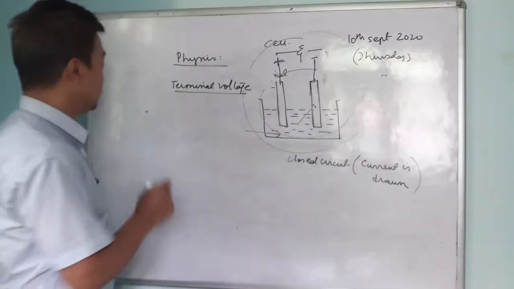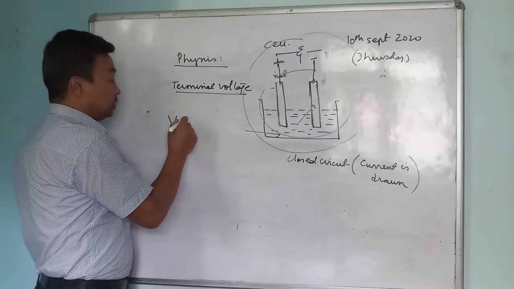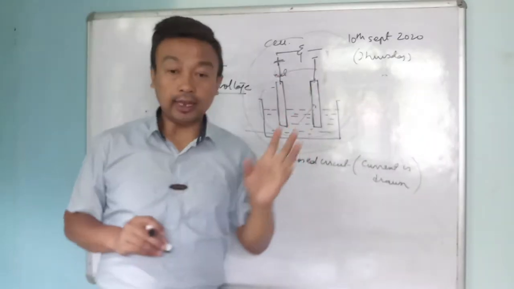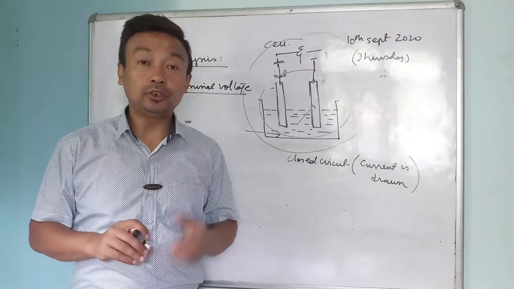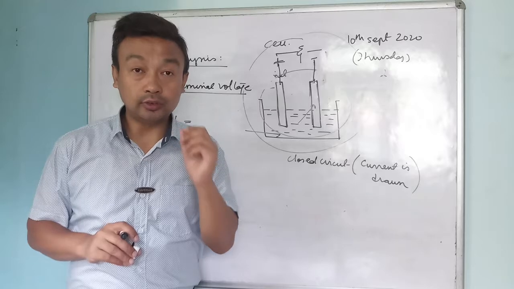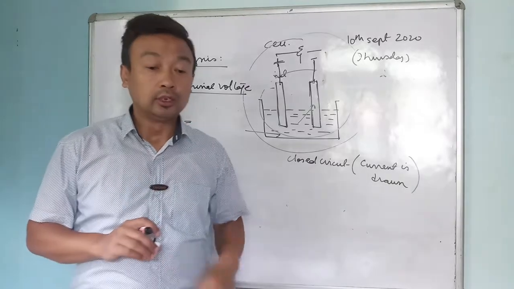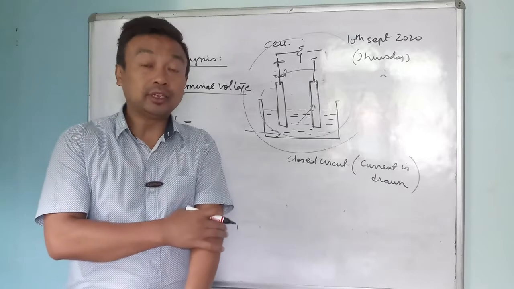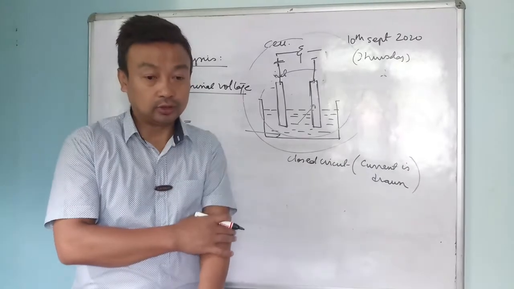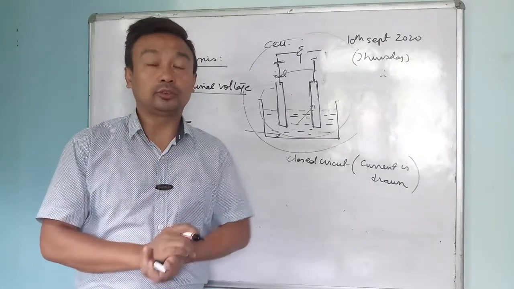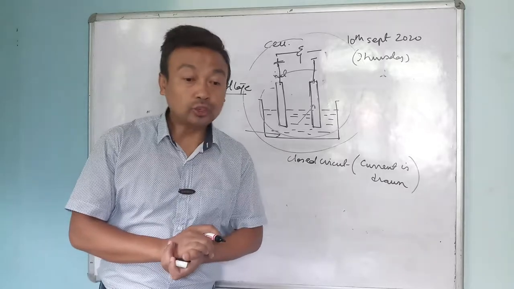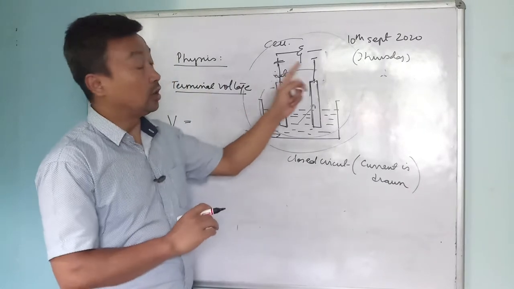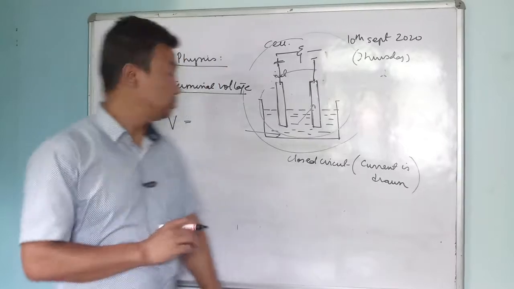So the terminal voltage is again defined as the work done per unit charge in carrying the positive test charge through the external circuit or outside the cell. Through the external circuit or outside the cell is called the terminal voltage.